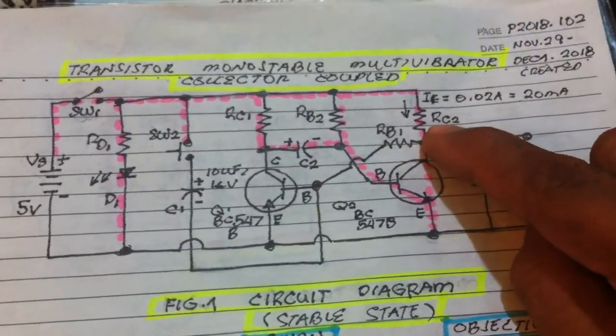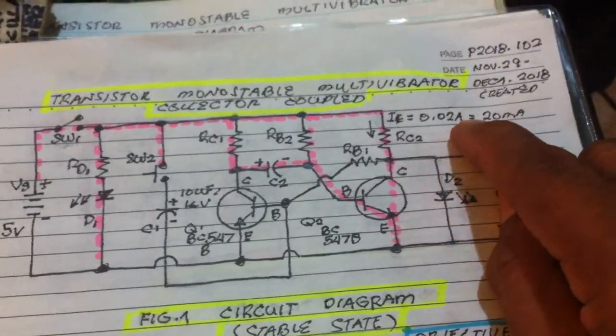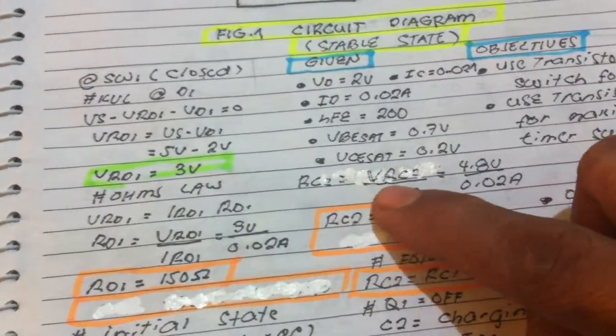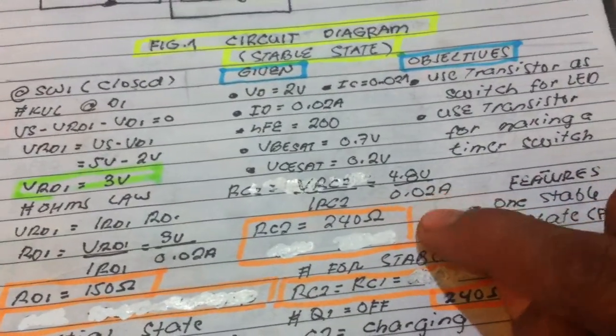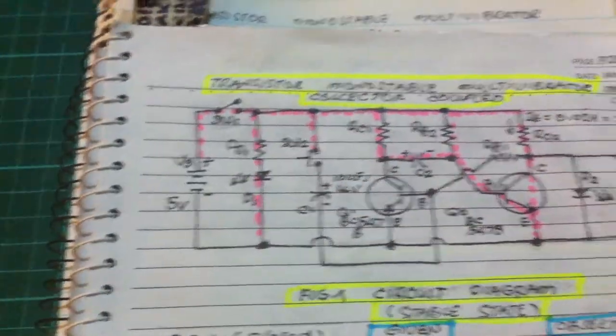To find the value of the resistor here, since the required current to pass is 0.02 ampere, needed to light this LED, using Ohm's law, we get now resistor RC2 is 4.8 divided by the required current 0.02, 240 ohms. This is 240 ohms, this is 150 ohms.